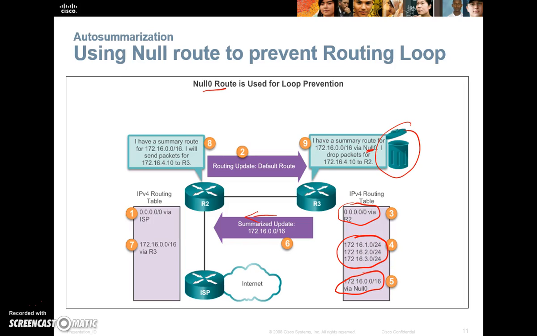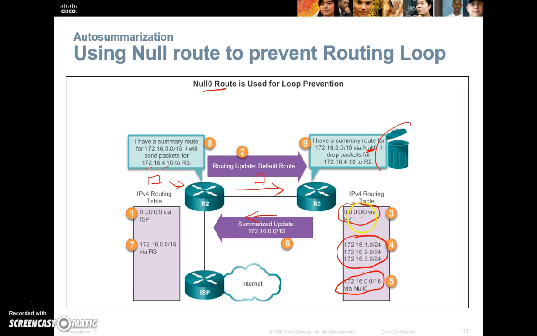Okay, let's see how it works now. Let's say R2 receives a packet going to 172.16.4. Because of the summarized route, R2 will send the packet to R3. R3 receives the packet and looks at the routing table. It tries 172.16.1, cannot. 16.2, cannot. 16.3, cannot.